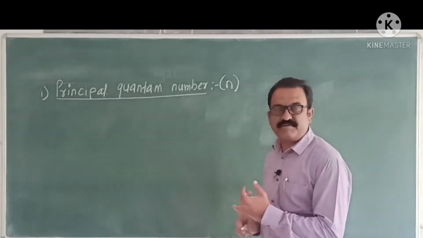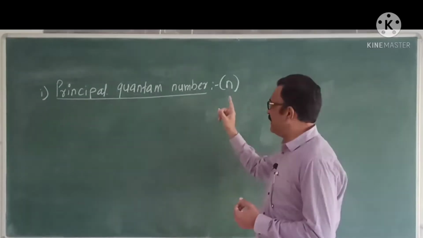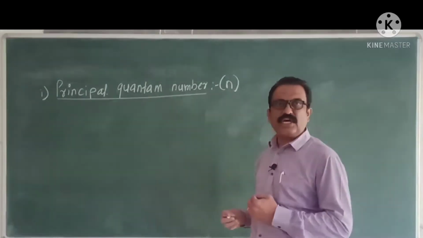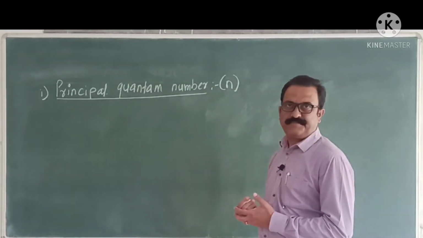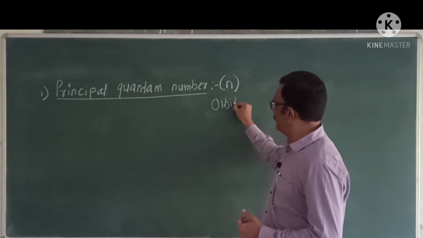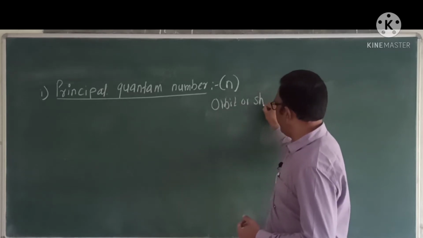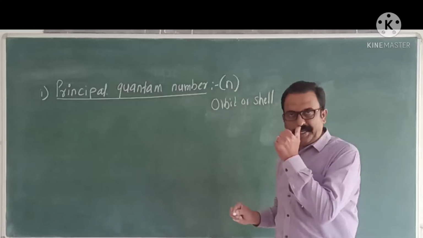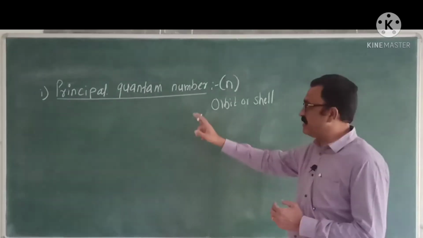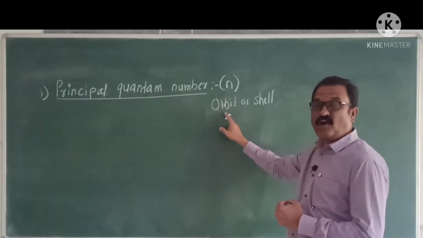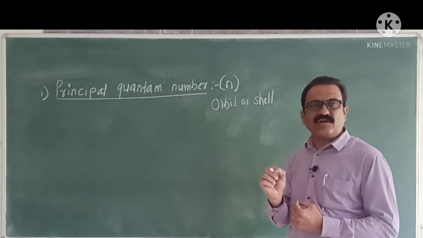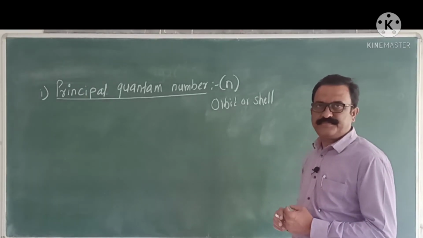This principal quantum number gives information about the orbit or shell to which the electron belongs.